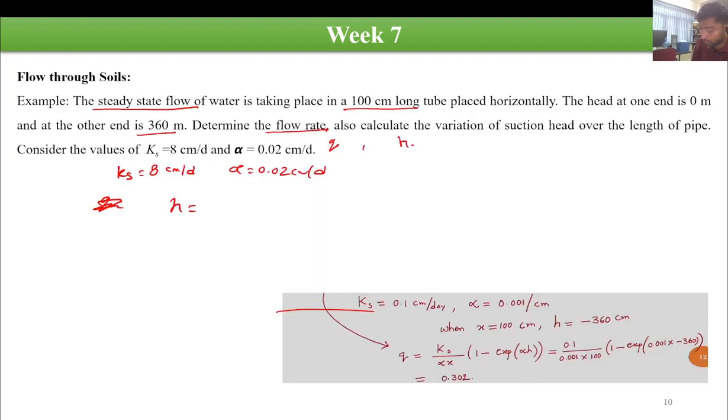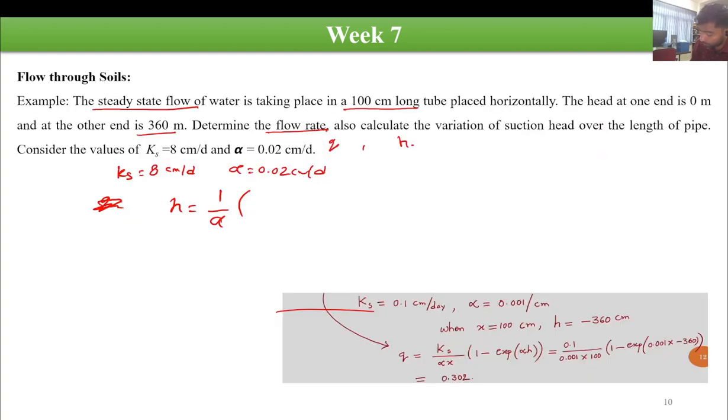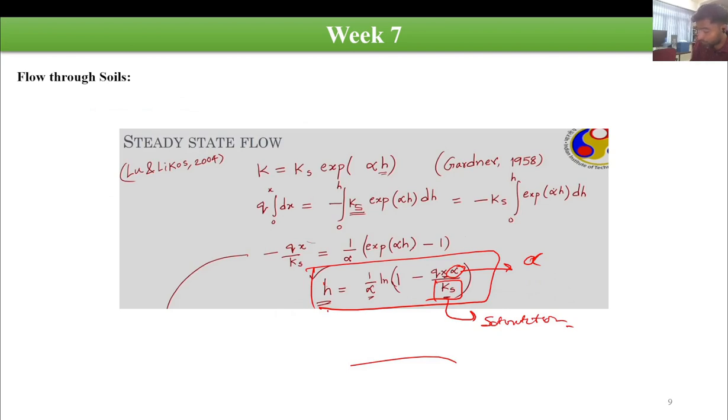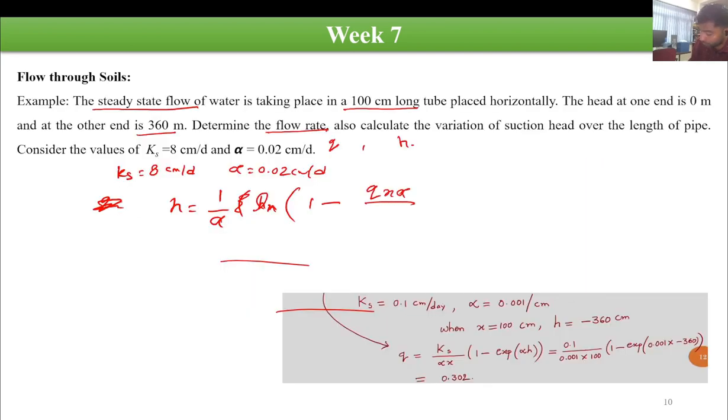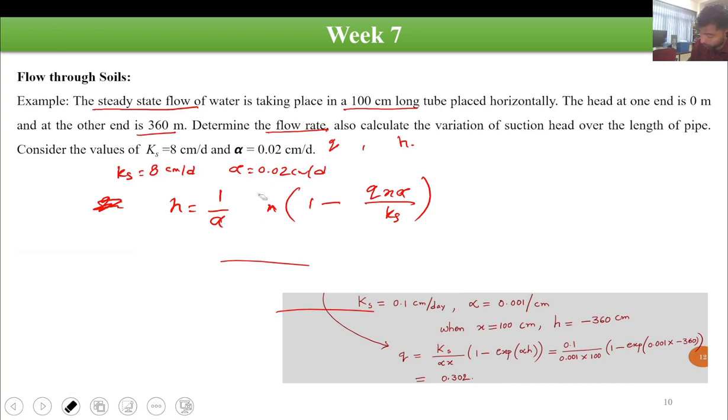So we'll use h is equal to 1 upon alpha, and that's going to be ln 1 minus Qx alpha upon Ks. Okay. So that is the expression which we are going to use. Let me just write it more neatly. So here it is ln, right?